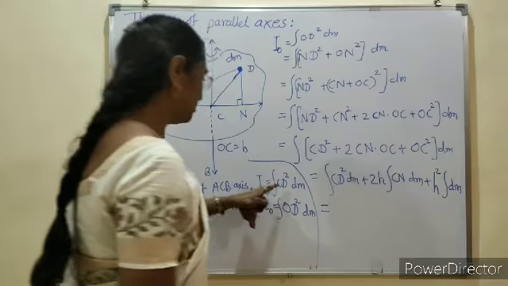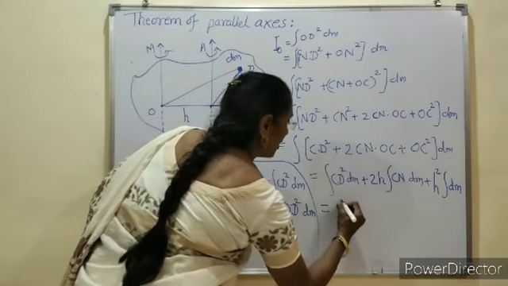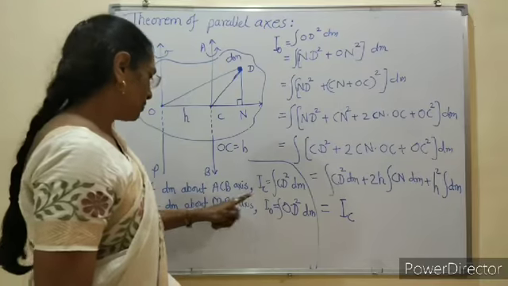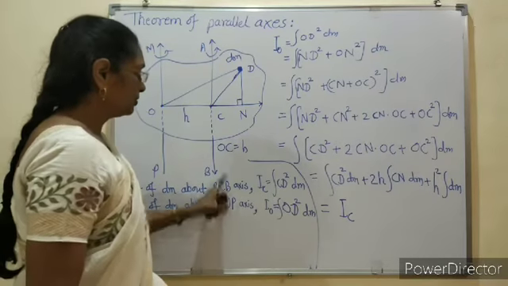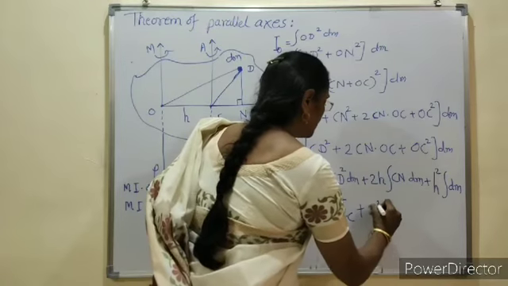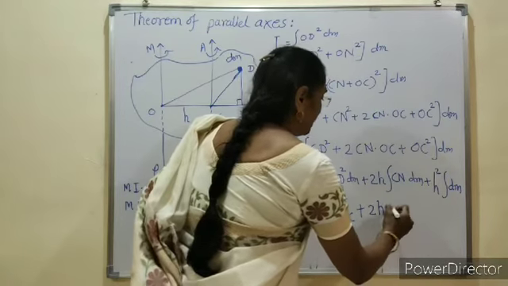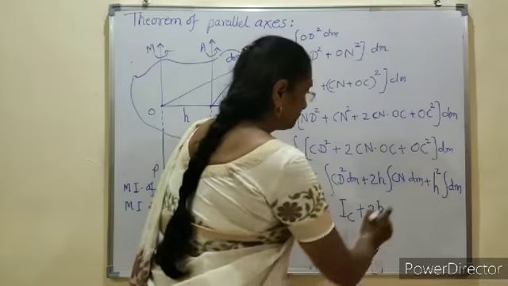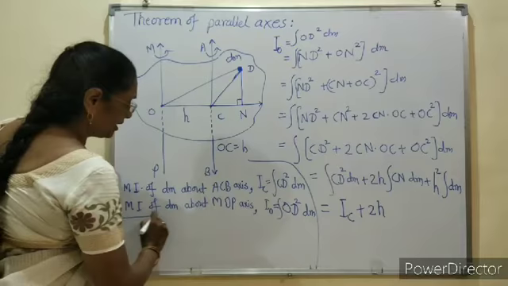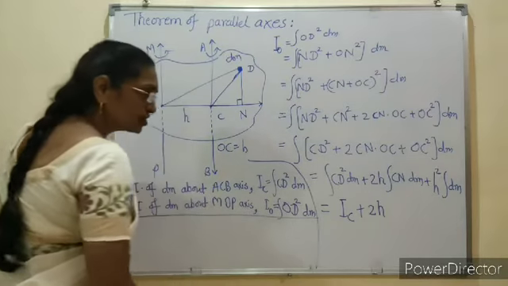Now integration of CD square dm is IC, the moment of inertia about the ACB axis, plus twice H. Here we have to note the integration of CN dm. Here we take one side step.